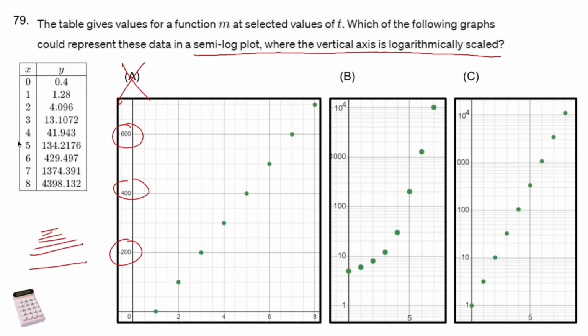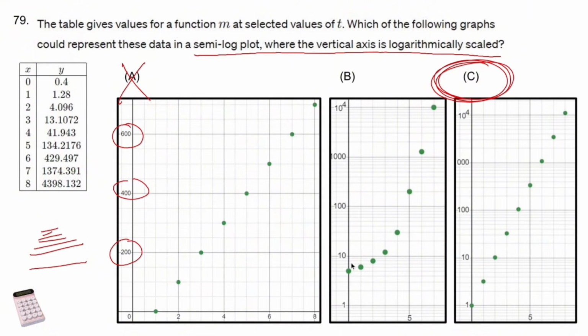When these guys go up by 1s, this goes up by a multiple every single time. Now, on a log plot, if you have an exponential function, it would appear to be linear. And C gives me that. One more time, on a semi-log plot, if you have exponential values, the dots appear to be linear, and C gives me that.